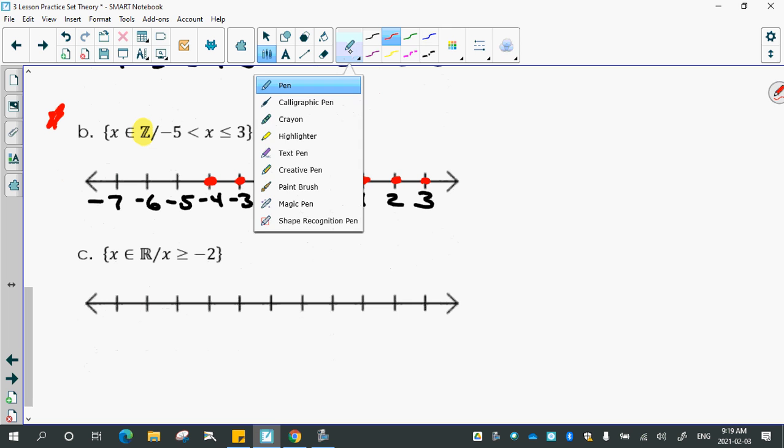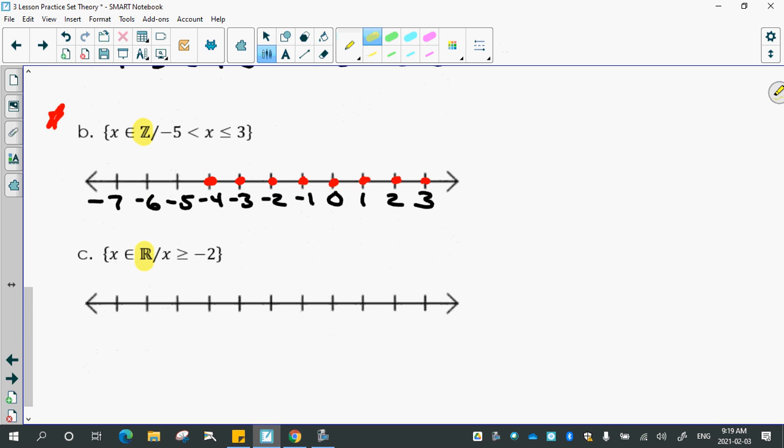Okay, we're back to real numbers again. See if you can draw that up.